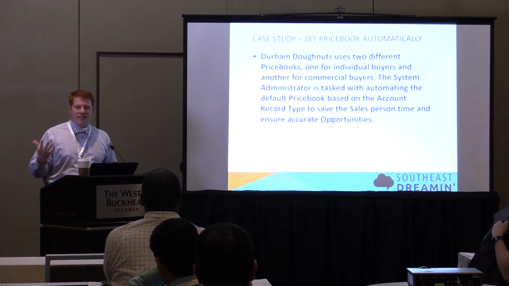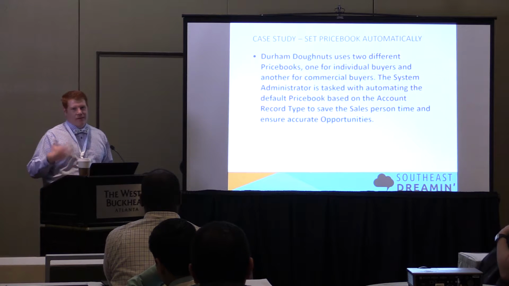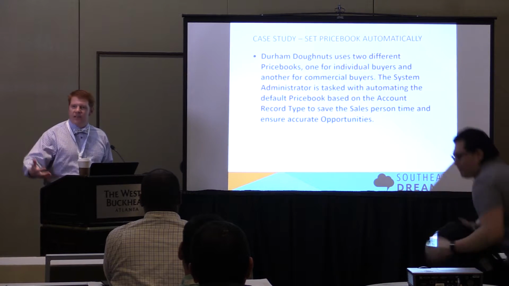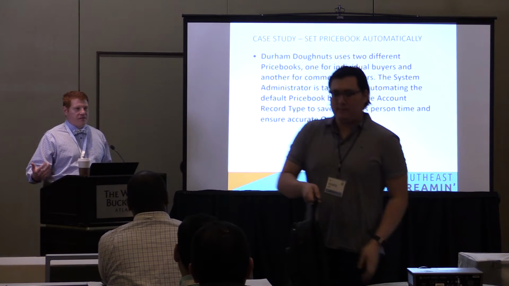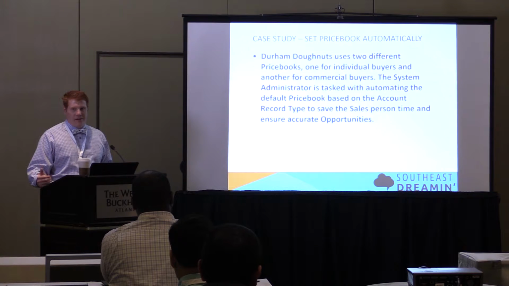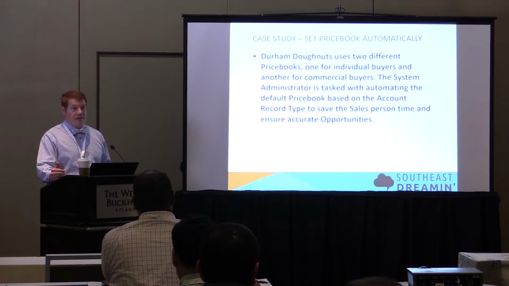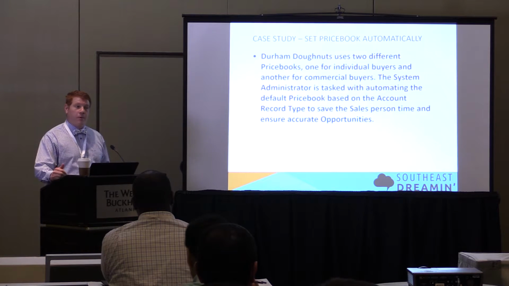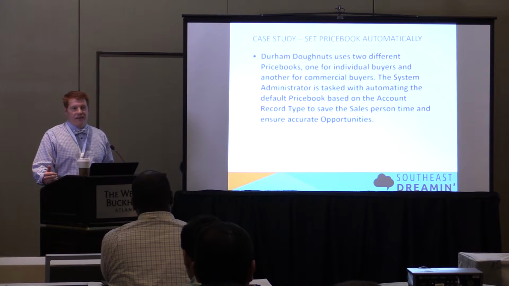But think of this as if you had multiple price books, 5, 10, 50, right, for different lines of business. Typically it's already guaranteed that a price book is gonna be associated to a particular customer based on that. So why let a human make that decision? Instead, let Process Builder handle that for you.